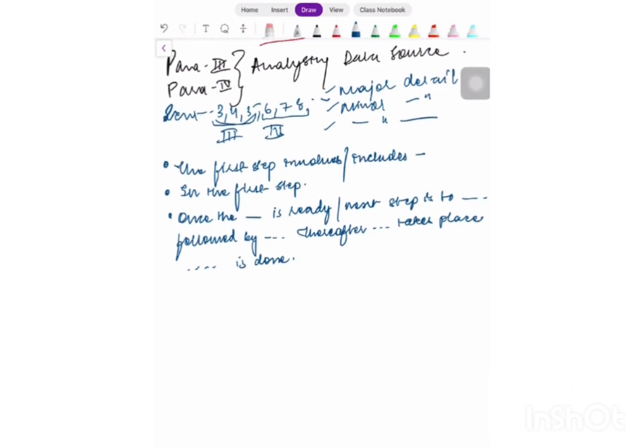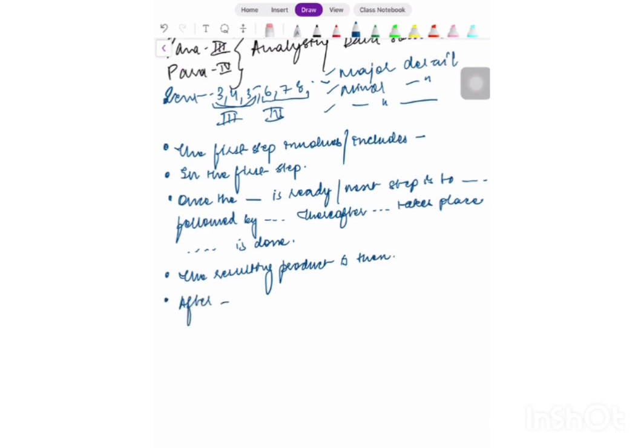The resulting product is then dash. After dash is done, something is done, the product or raw material or unfinished product is dash, whatever, customizable as per the question.